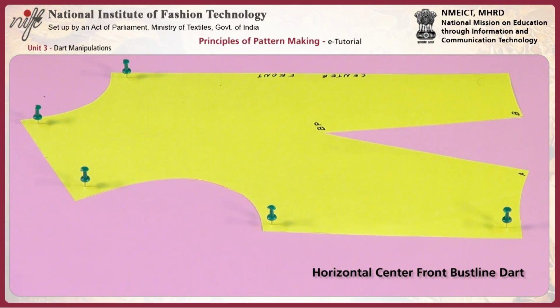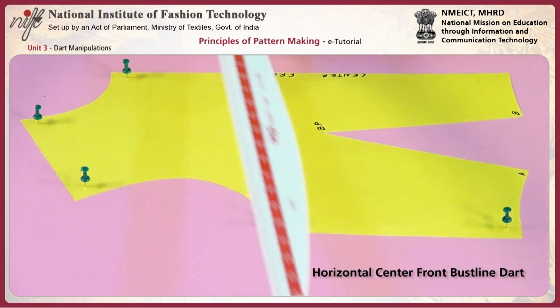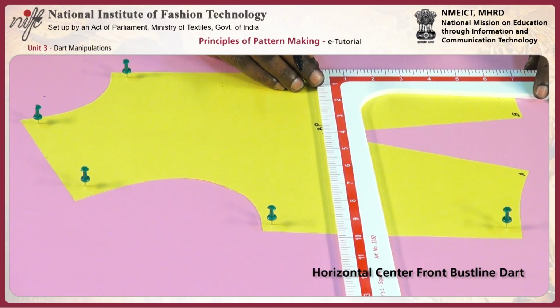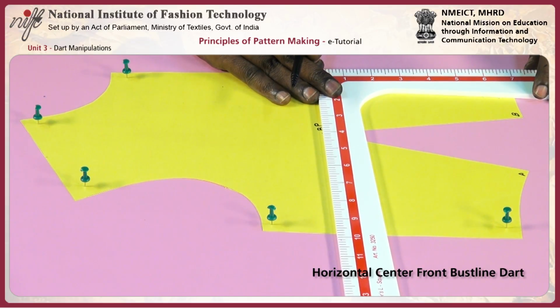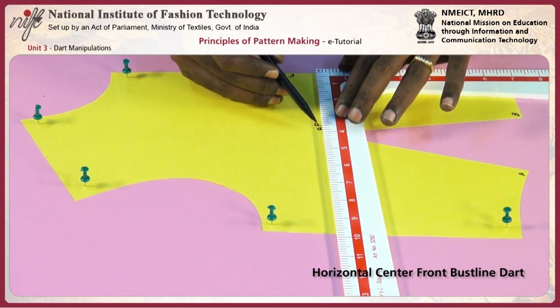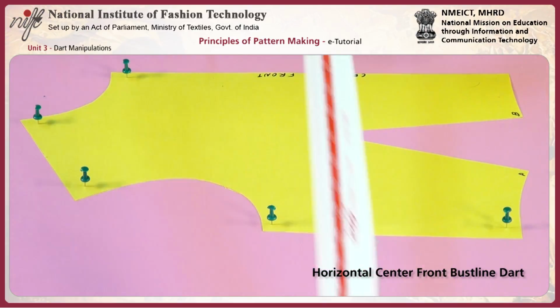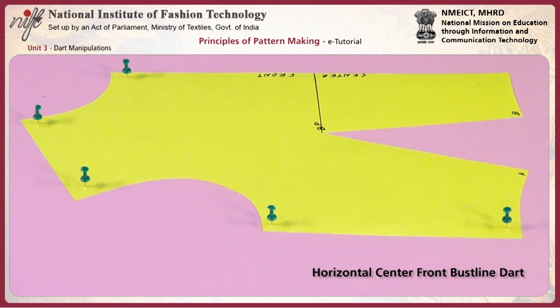Now we are going to make horizontal center front dot. That will come exactly on the bust line. First mark the bust line. From bust point to center front, make a horizontal line from bust point to center front.